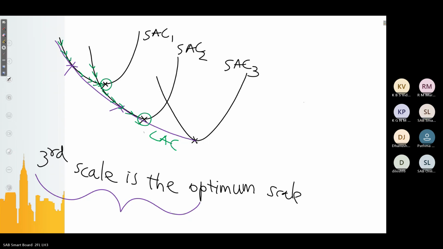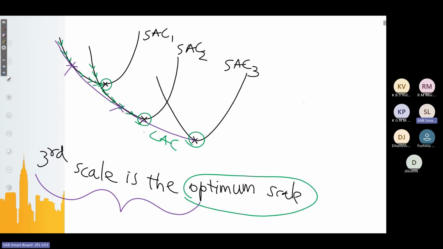Only at the optimum scale is the long run average cost curve tangent to the minimum point of the short run average cost curve. This is the minimum point of the short run average cost curve, and the long run average cost curve is also tangent to it at its minimum point. Got it?